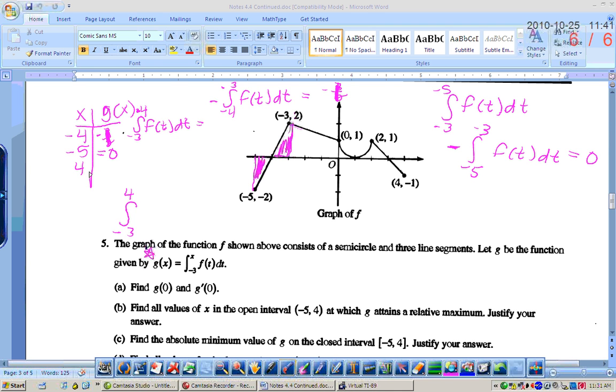All right, so g of 4 is going to be the integral from negative 3 to 4 of f of t dt. So that's going to be this trapezoid, and then this section and that section.